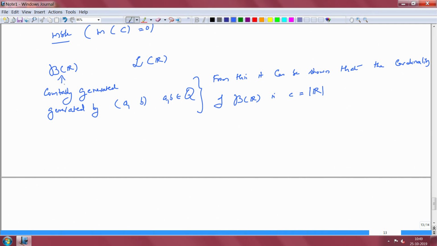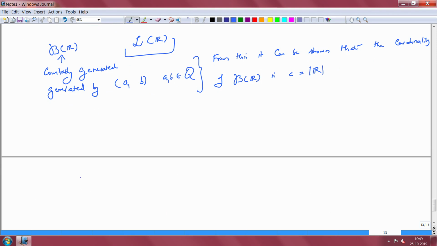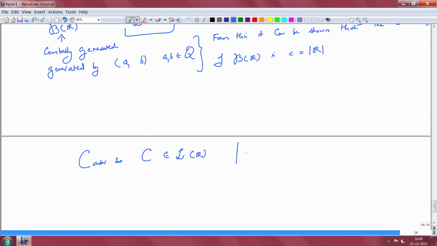But at the same time, if you look at the Lebesgue sigma algebra of R, that has too many sets, because the Cantor set, capital C, belongs to the Lebesgue sigma algebra of the real line, and the cardinality of C is uncountable, because it is an uncountable set. So, that is the small c.